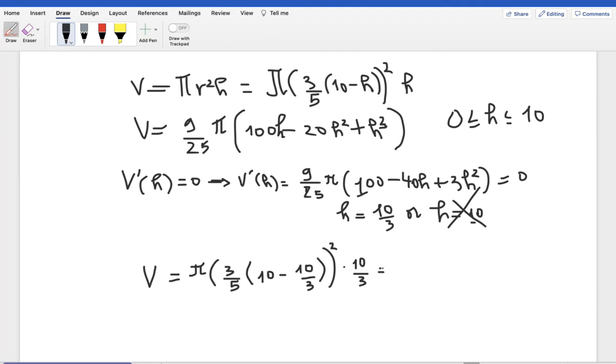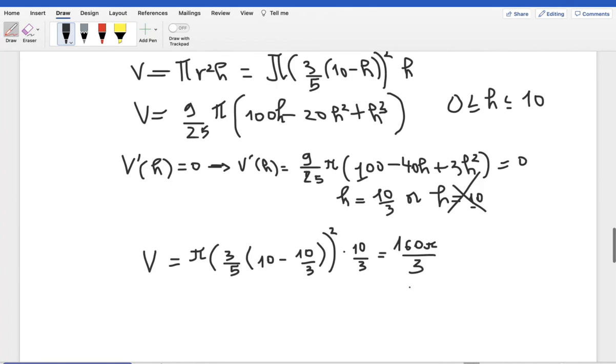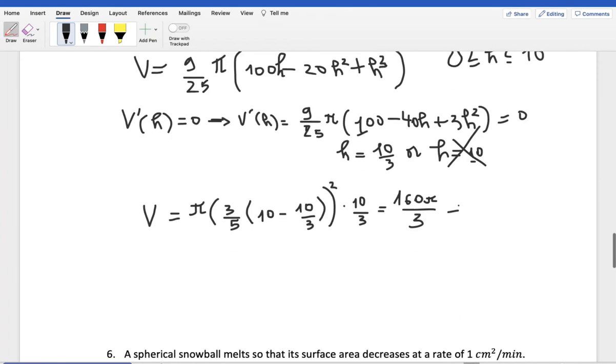And if you solve for this, you'll find that this is equal to 160 pi divided by 3. And this is your maximum volume.